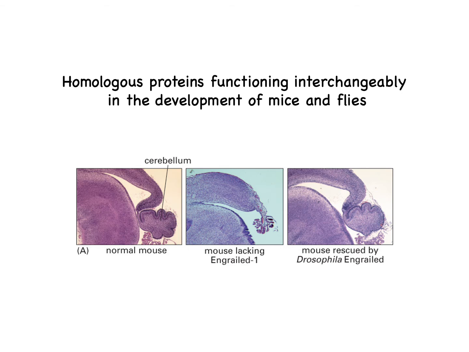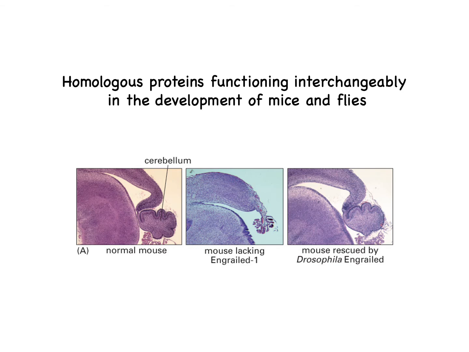I should mention that there's an engrailed gene also found in the mouse as well as humans. In the left panel, we see a normally developing mouse, and the mouse brain and the cerebellum is identified here. If we have a mutation in engrailed in the mouse, that cerebellum fails to develop properly. You can see the structure looks quite a bit different. It just fails to develop fully.